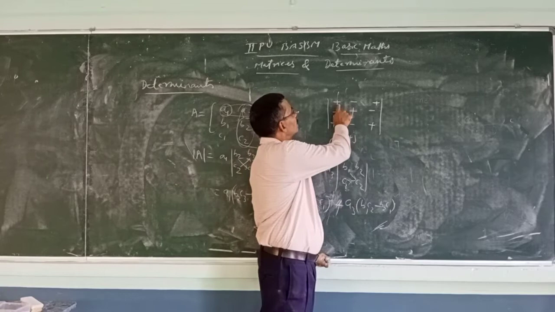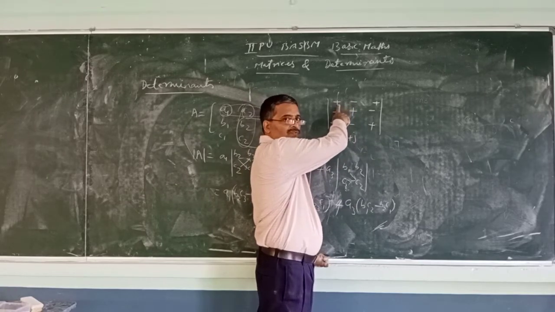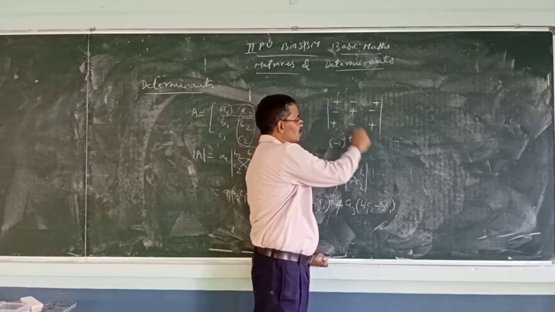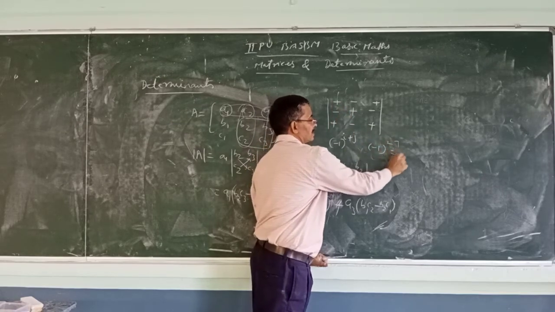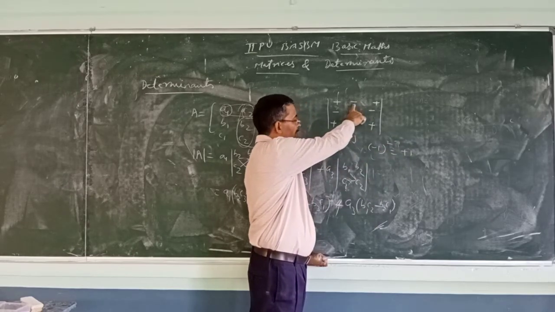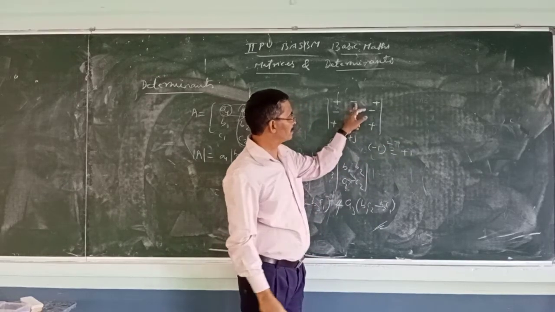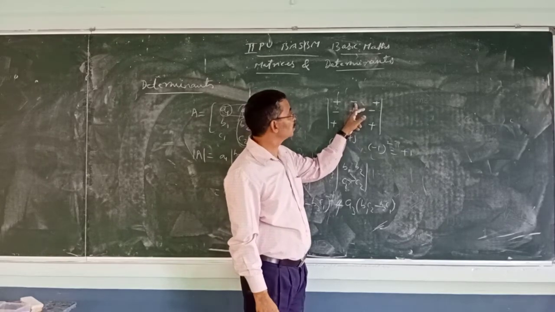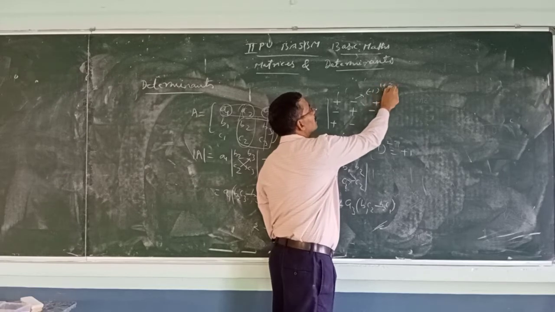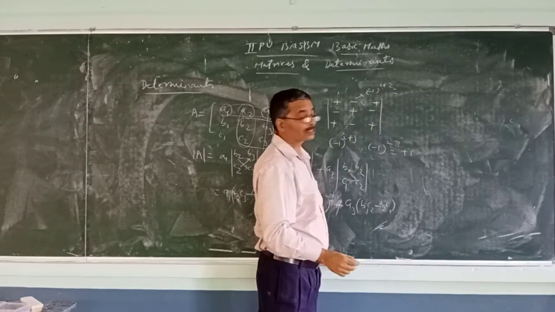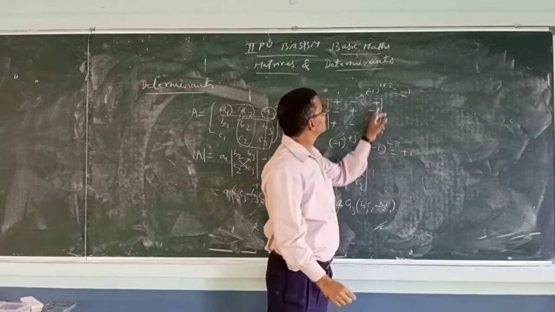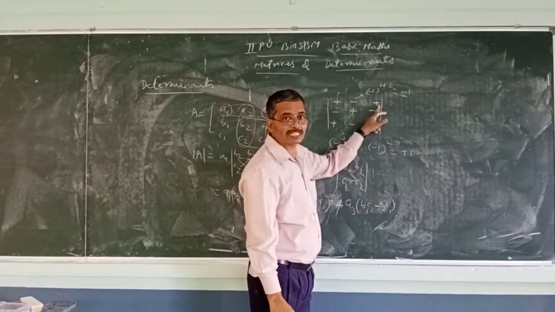For example, 1 plus 1, first row, first column: minus 1 to the power 2 means plus 1. For row 1, column 2, minus 1 to the power 1 plus 2, which is minus 1 to the power 3, is minus 1. So minus sign. Minus 1 to the power 1 plus 3 is plus.